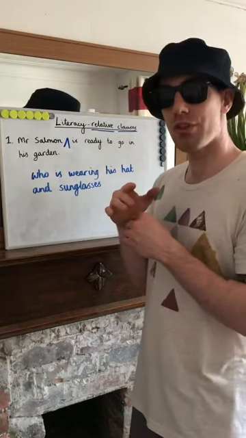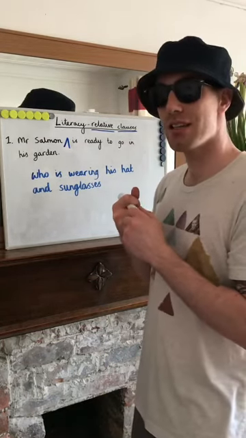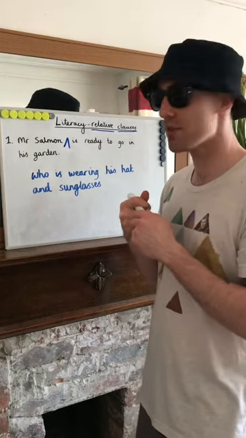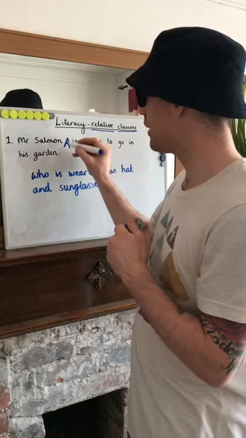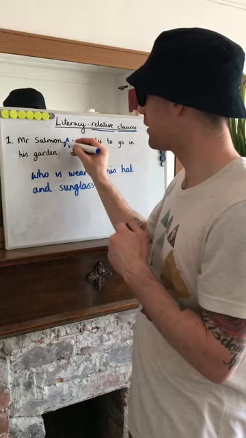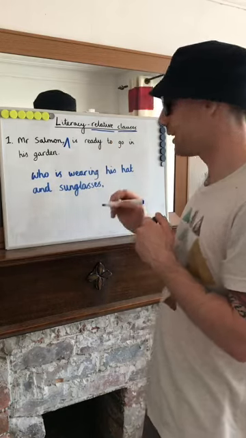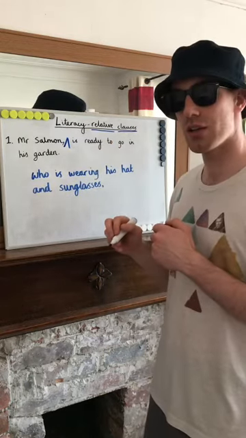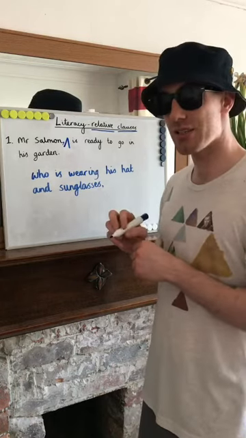Okay, now we've had a think. What it is that is missing is commas. So it would have a comma after Mr. Salmon and at the end of this. Okay, so the sentence would look a little bit like this.